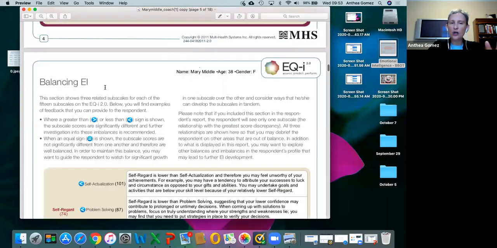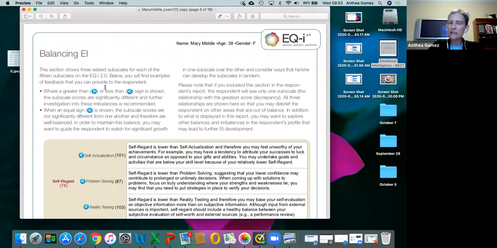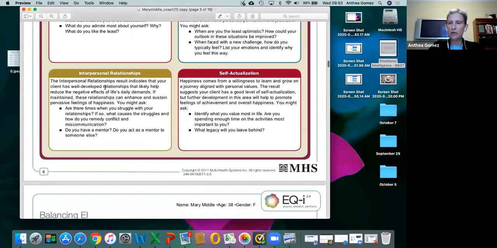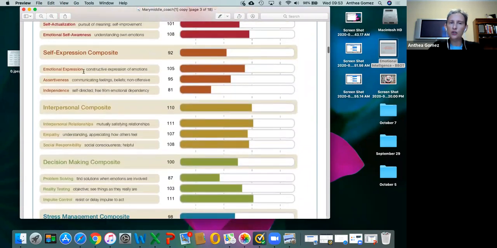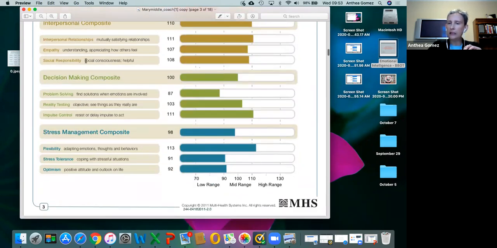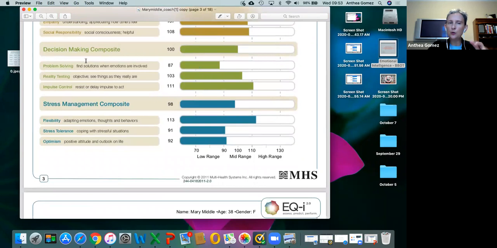And then there's a section called Balancing EI. On the individual report, for each one of these sub-competencies and competencies, there's going to be a balancing EI. So it will speak to particular components that are high versus low and how you can balance it.